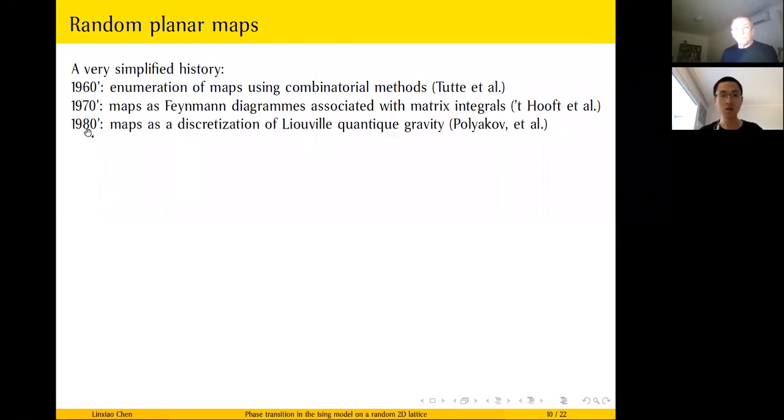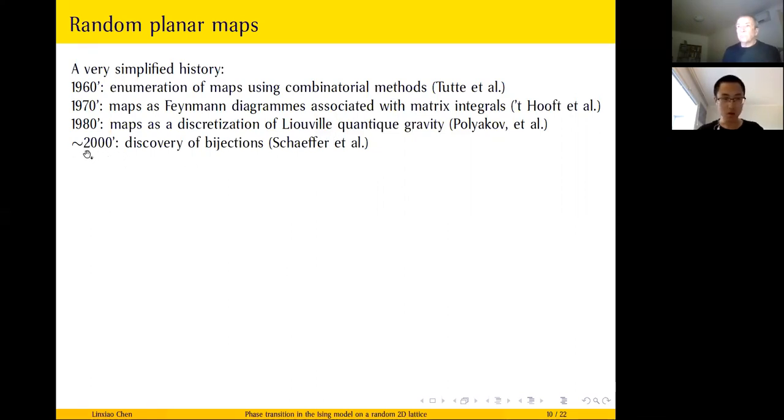And in the 70s and 80s, physicists came up with different ways to encode planar maps by either Feynman diagrams or matrix integrals, and developed more tools to compute their partition functions. And also, they realized that planar maps can be viewed as a discretization of the so-called Liouville quantum gravity, which is a theory of quantum gravity.